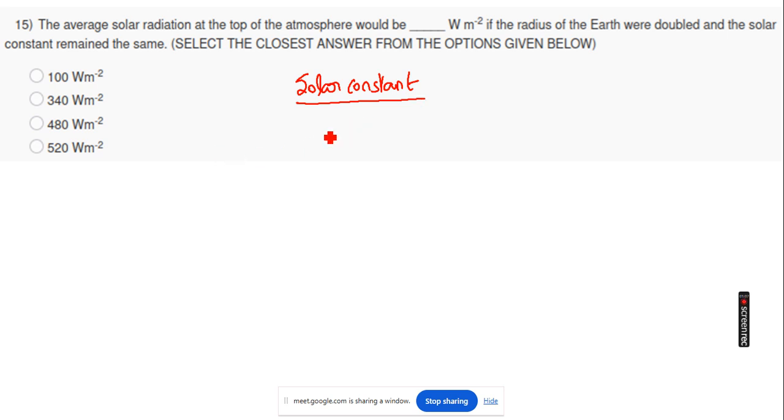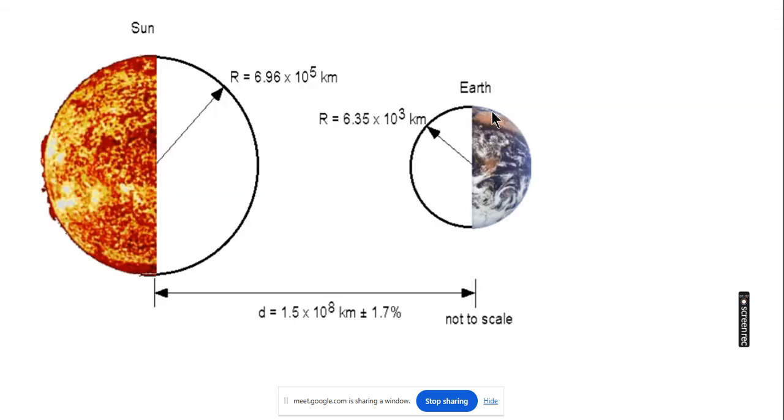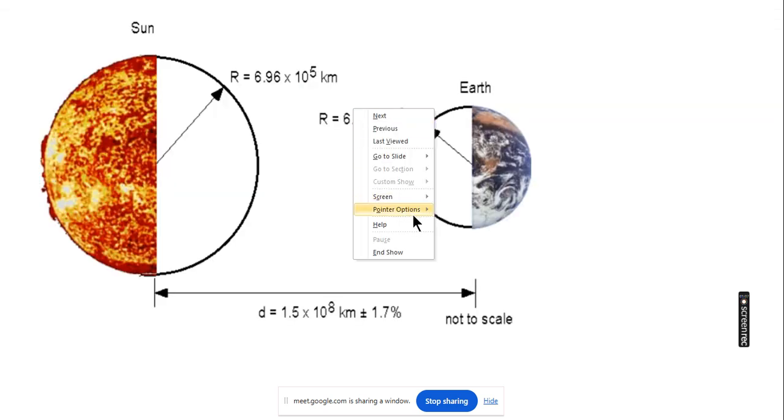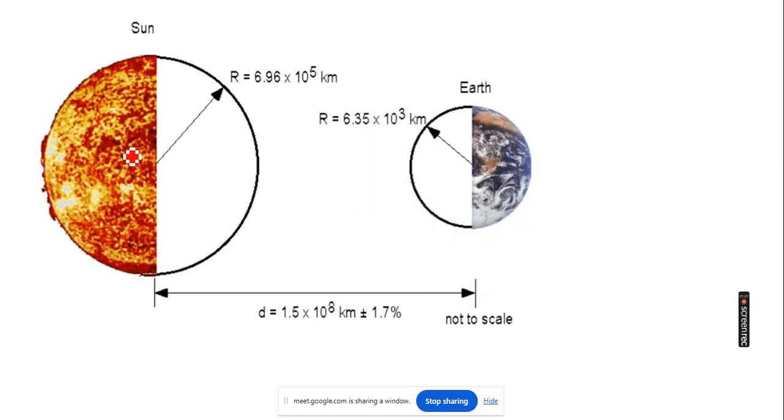So we started from the energy emitted by the Sun. First we need to find how much energy is being emitted by the Sun. As we said earlier, we are assuming that the Earth and the Sun are black bodies.